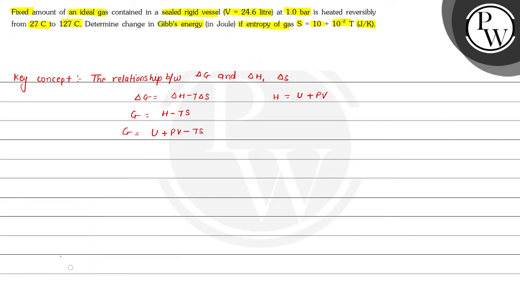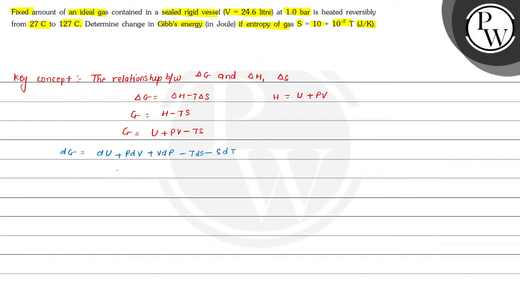So now we can write that dG is equal to dU, the change in internal energy, plus P dV, where dV is the change in volume, plus V dP, the change in pressure, minus T dS minus S dT.